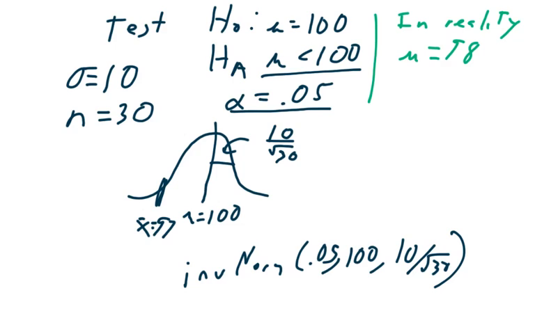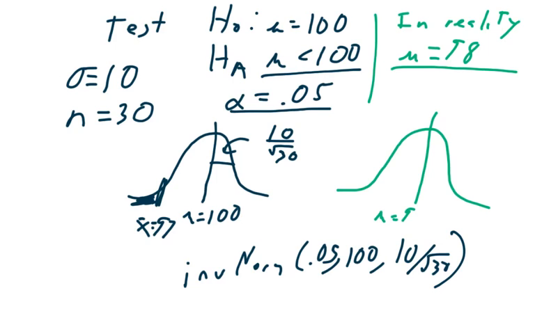Now, in this situation, I will reject the stuff that's over there, and in this example, I'm going to say that in reality, we are at 98. So I'm going to draw my second normal curve over here, and mu equals 98, and the standard deviation equals 10 over the square root of 30.